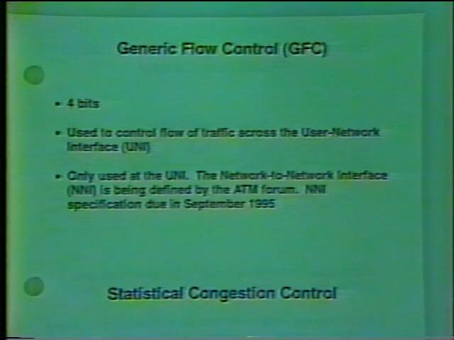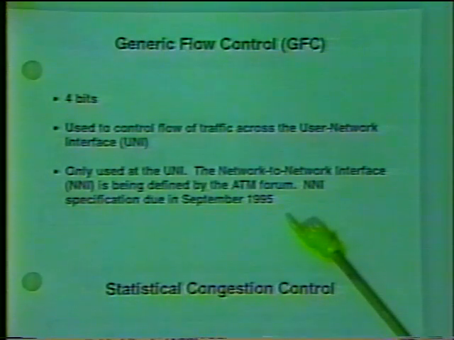Okay, let's jump back to the GFC field. All right. So we're only using it in the UNI implementation, the GFC. Okay, and then there's a note here that says the NNI is currently being defined by the ATM Forum.